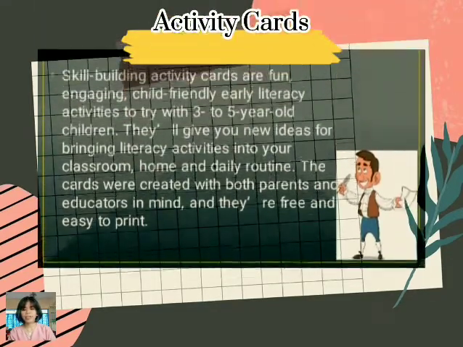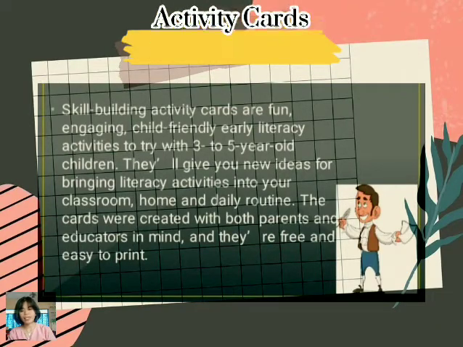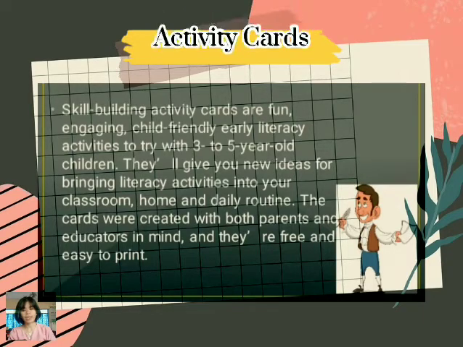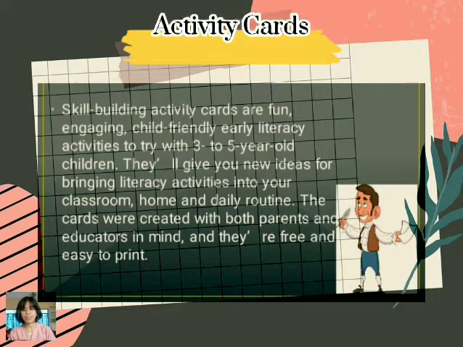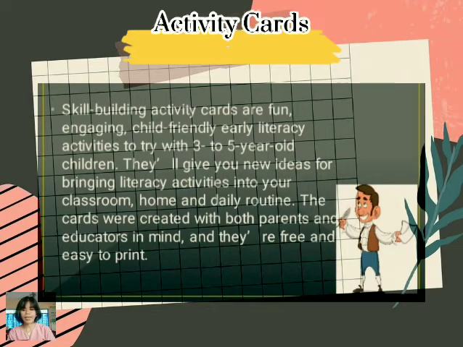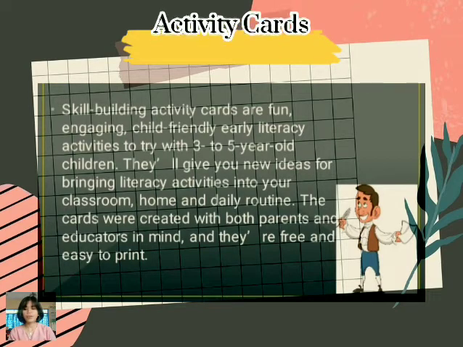Skill-building activity cards are fun, engaging, child-friendly, early literacy activities to try with 3 to 5-year-old children. They'll give you new ideas for bringing literacy activities into your classroom, home, and daily routine. The cards were created with both parents and educators in mind, and they are free and easy to print.